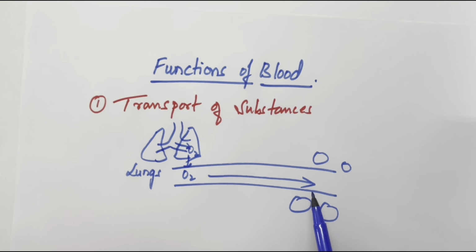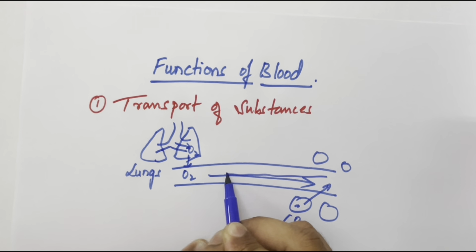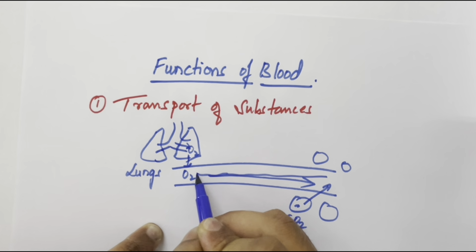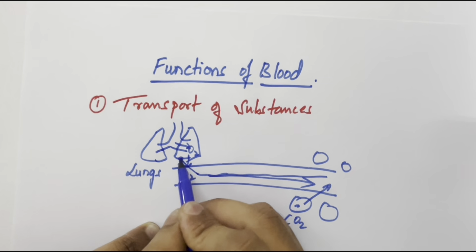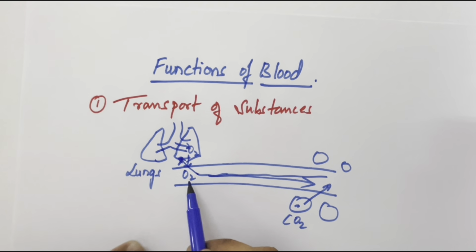And also you can explain here, the carbon dioxide is the end product of metabolism from the tissues. So this carbon dioxide will enter the blood, and the blood will carry the carbon dioxide to the lungs in the opposite direction. So oxygen from the lungs to the tissues and carbon dioxide from the tissues back to the lungs for exhalation and removal of waste, metabolic waste, carbon dioxide.